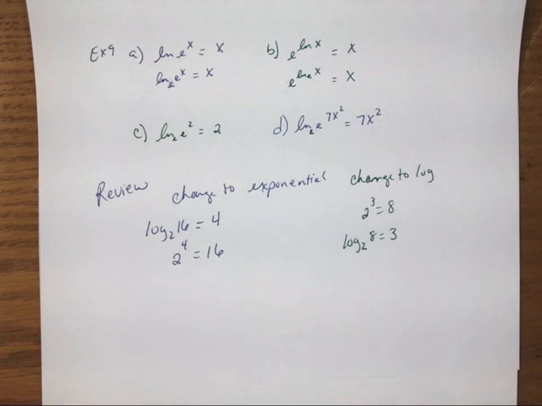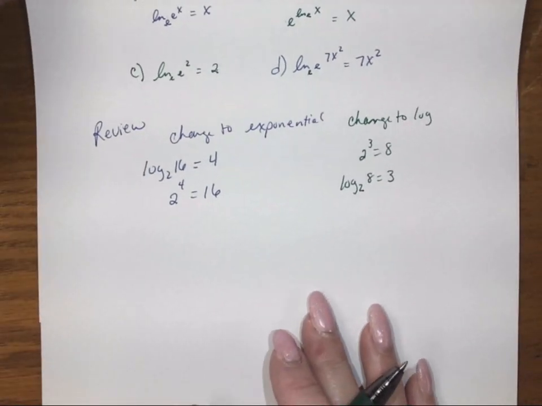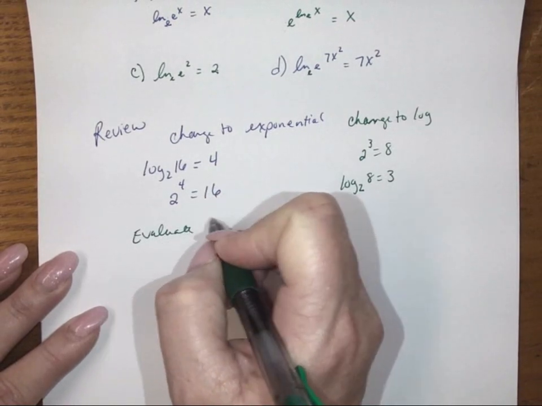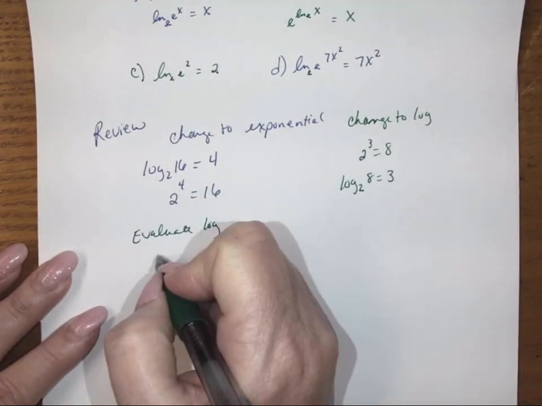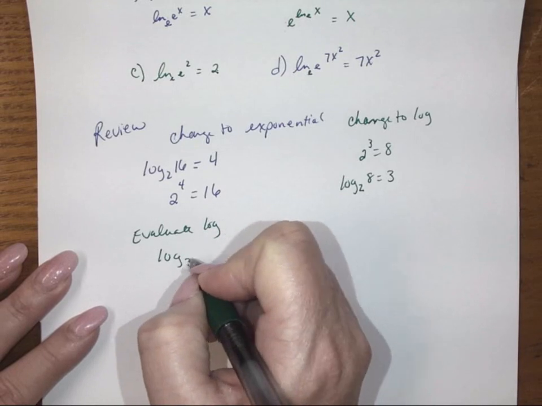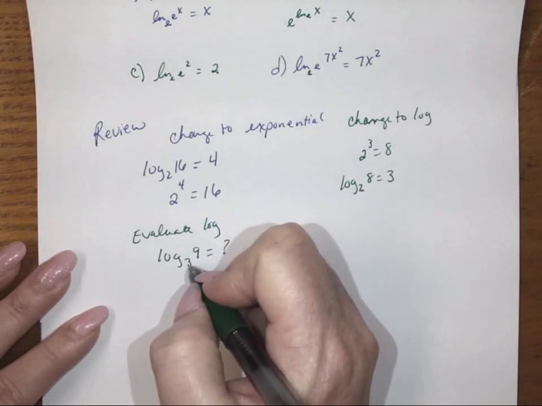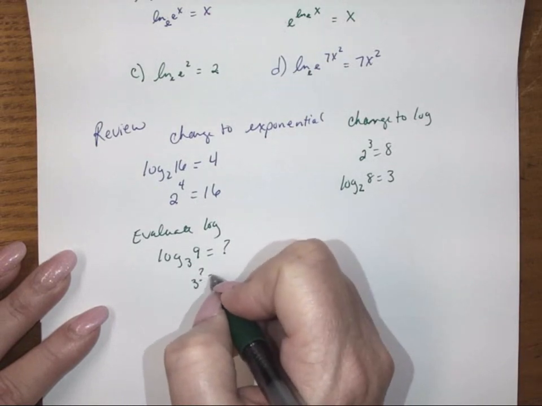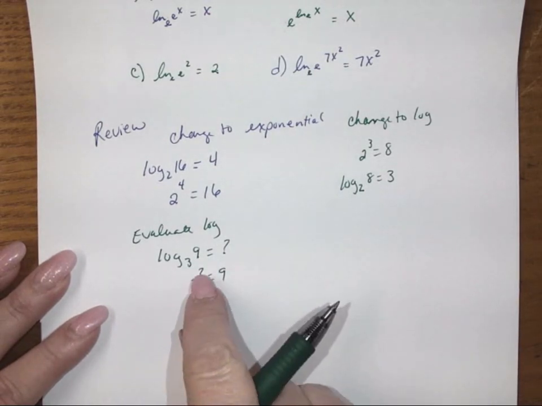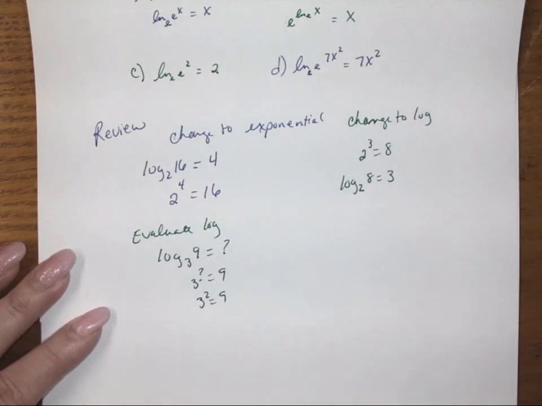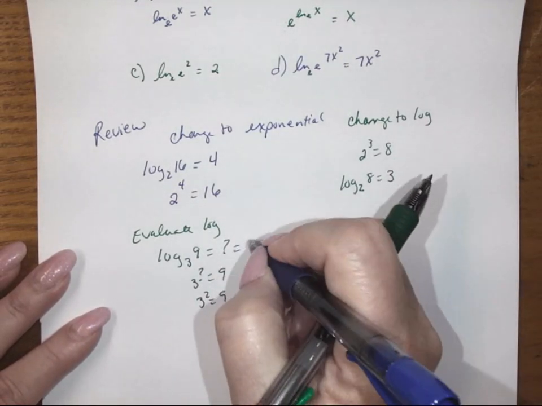And if we want to evaluate a log, if we have log base 3 of 9 equals what, then we can ask 3 to what power equals 9? Well, 3 squared equals 9. So that tells us that this will be equal to 2.